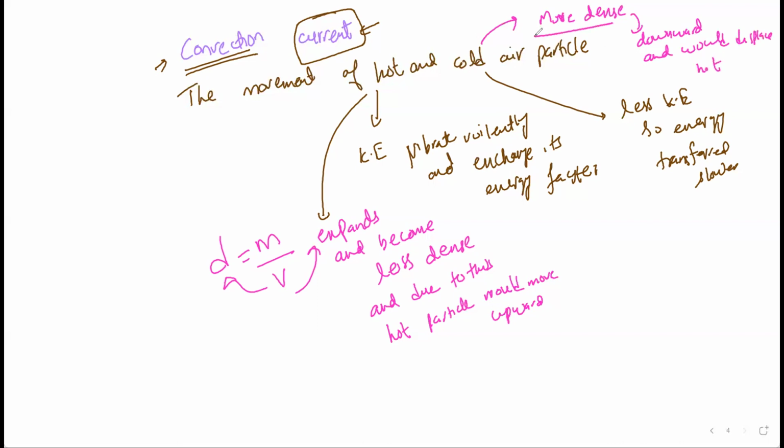Cold particles have more density because their volume is less, their particles are closer together, so they are more dense. So this movement of hot and cold air particles is known as convection current.